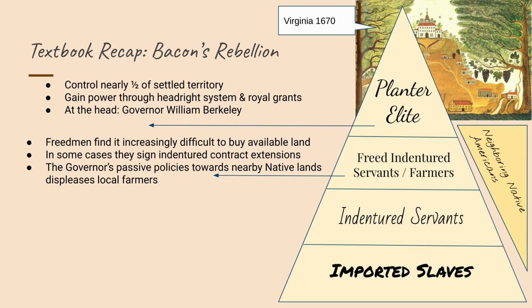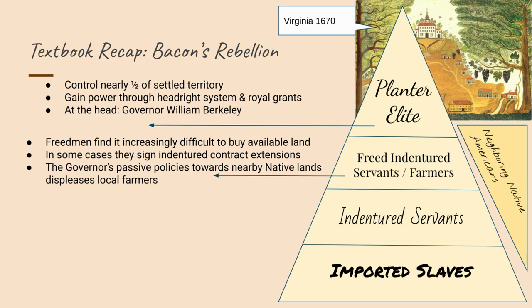And in some cases, because they can't find available land to create their own farms or their own plantations, many turn to just signing an extension of their current indentured contract, mainly for the fact that that would lead to continued survival within the colonies, and it would continue to give them a source of living.